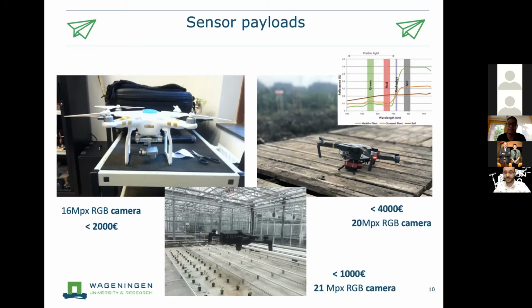On your right, you can see the Mavic, a DJI Mavic 2, and that is a platform that together with the multispectral camera will cost you less than 4,000 euros. The inbuilt camera of the Mavic 2, for instance, has 20 megapixels of resolution.